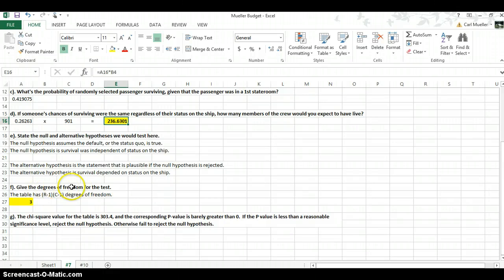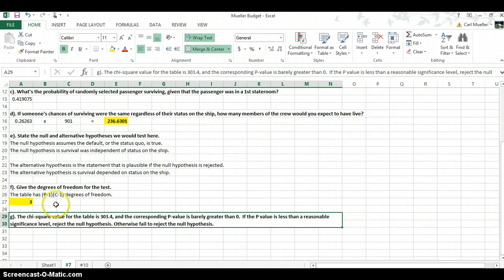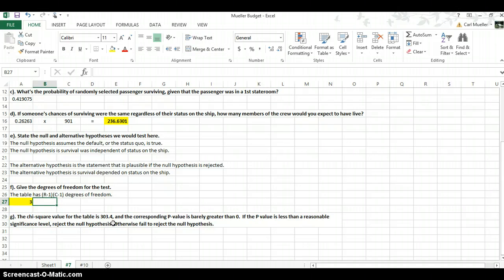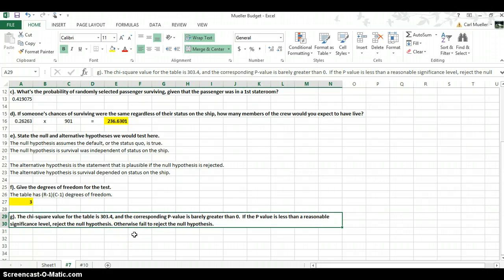Part F, give the degrees of freedom for the test. We'll do it at 3. As we noted here, the chi-square for the table is 303, and the corresponding p-value is barely greater than 0. If the p-value is less than a reasonable significance level, reject the null hypothesis; otherwise you fail to reject the null.